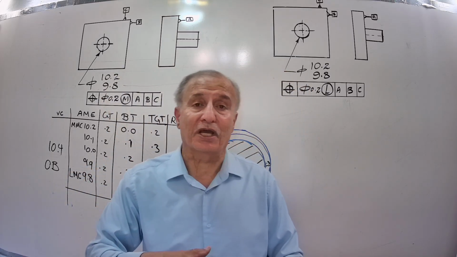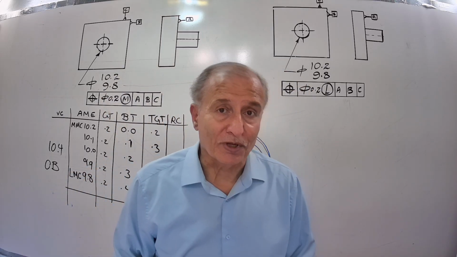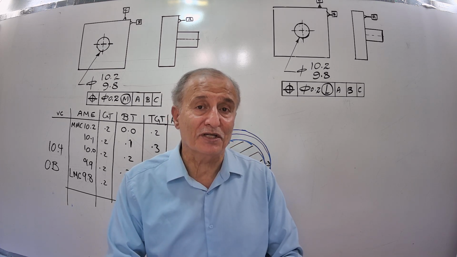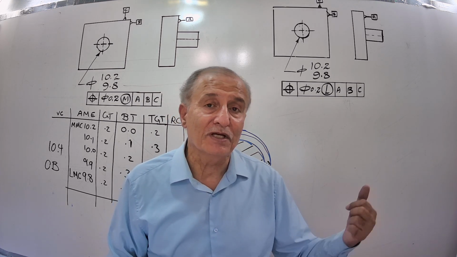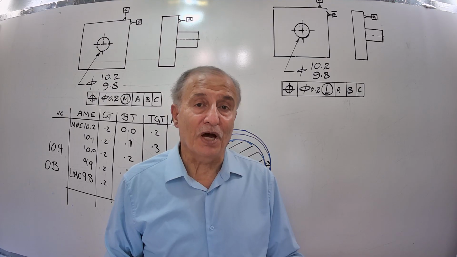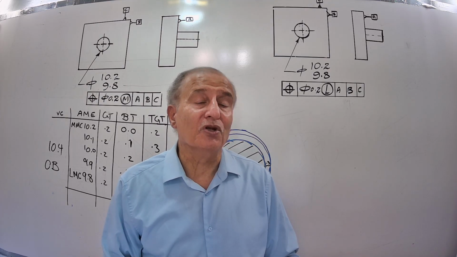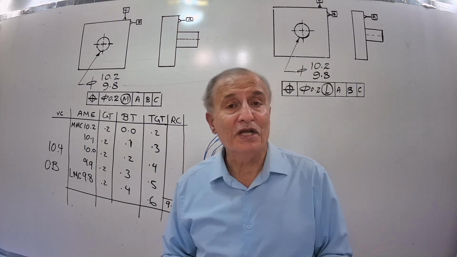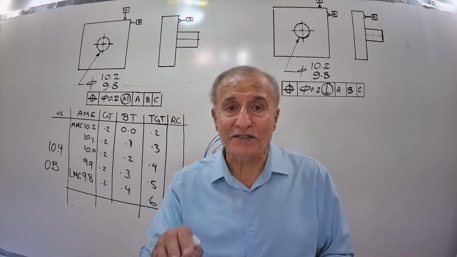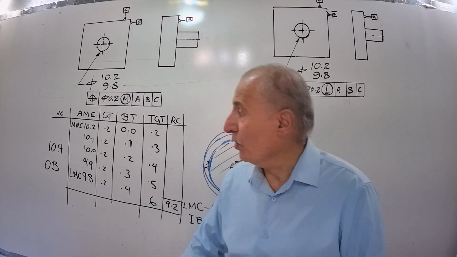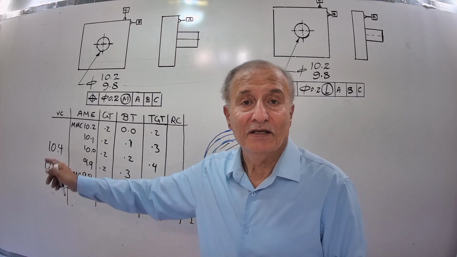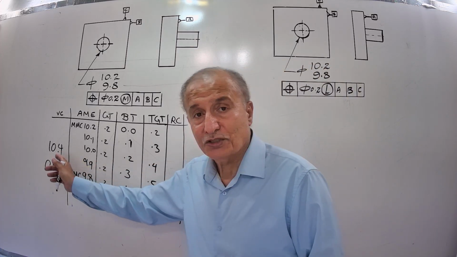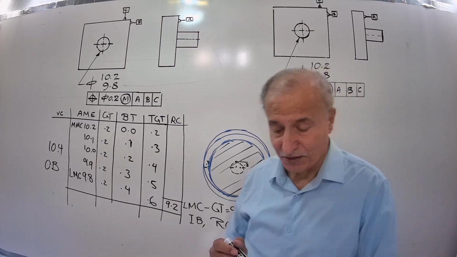You must measure the size, you must measure the error, you subtract from each other and find the resultant conditions for that specific size. But because all of them are larger than this one, here we keep the minimum one and say that, okay, don't go less than this and don't go more than that. Outer boundary, inner boundary, virtual conditions, and resultant conditions.